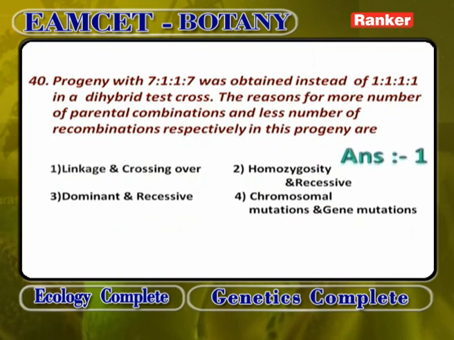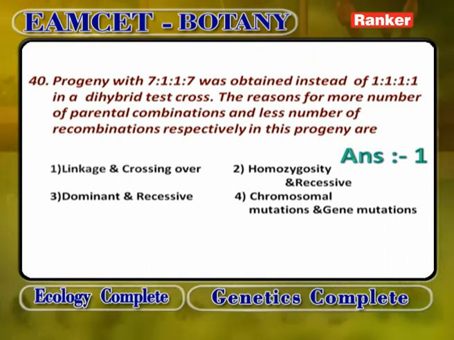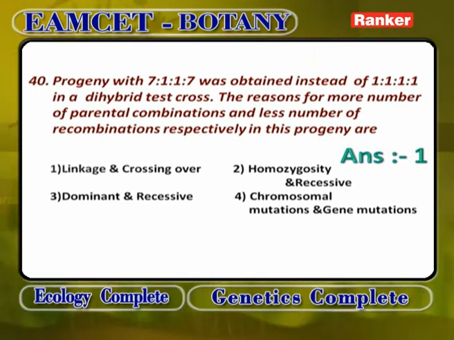Now coming to the last question. Progeny with 7:1:1:7 was obtained instead of 1:1:1:1 with a dihybrid test cross. The reasons for more parental combinations and fewer recombinations in this progeny are?